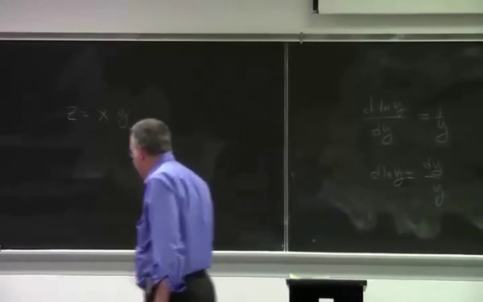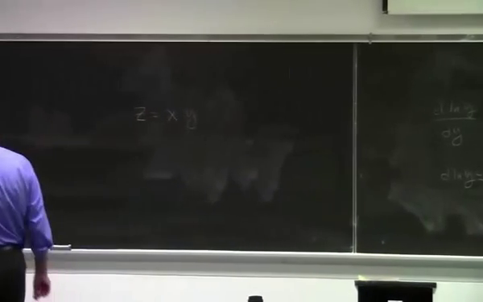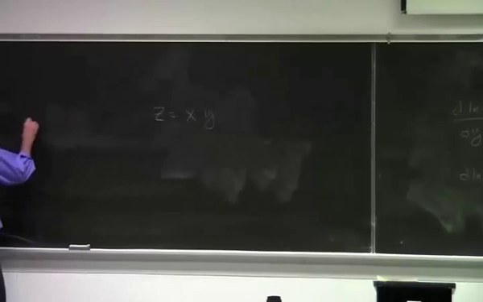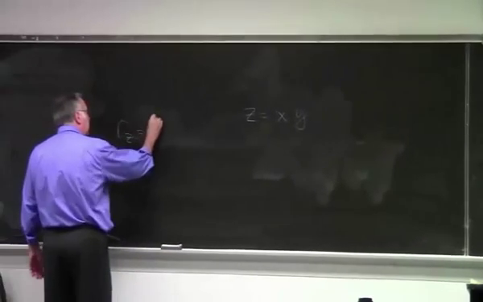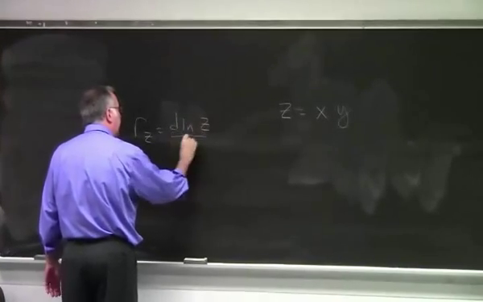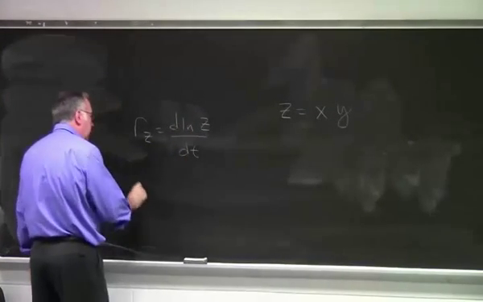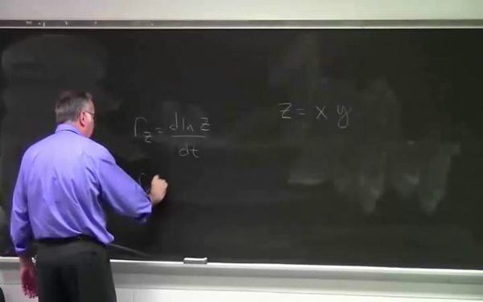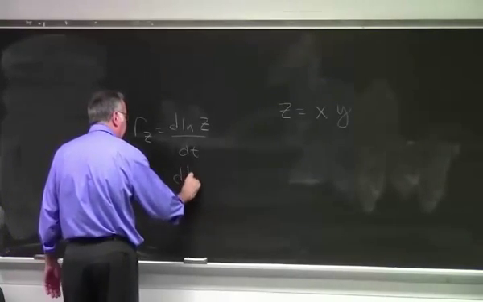Let me give you a hint. The growth rate in z, one expression for the growth rate in z, David, is d log z dt. And in a similar fashion, the growth rate of x is just d log x dt.